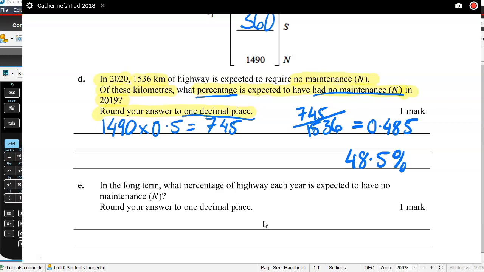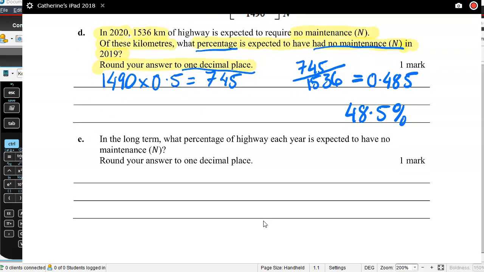What they were doing is they just did 1,490 out of the 1,536, which is wrong because only 50% of these roads are not going to have maintenance in the next year.